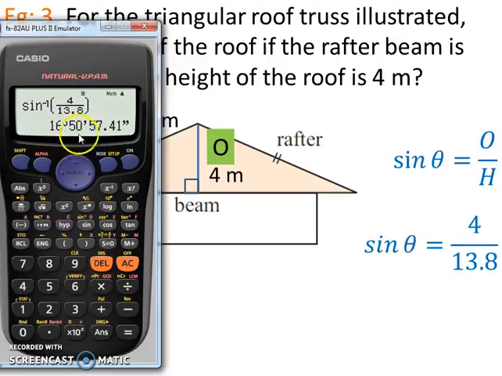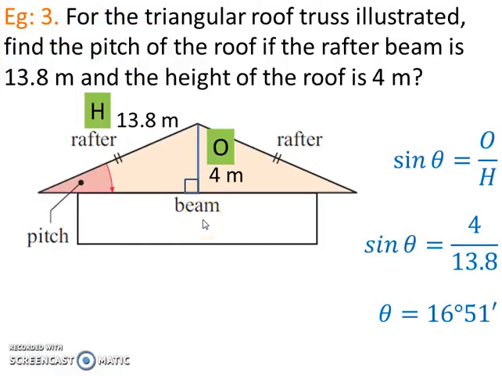So we've got 16 degrees, 50 minutes, 57.41 seconds. If I was rounding that off to the nearest minute, it would be 16 degrees and 51 minutes. Okay, and that's how you write it. So if you can write example 3 down.